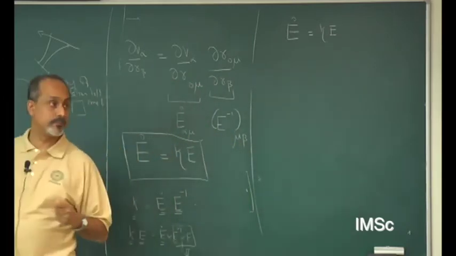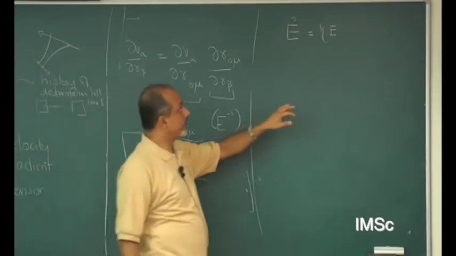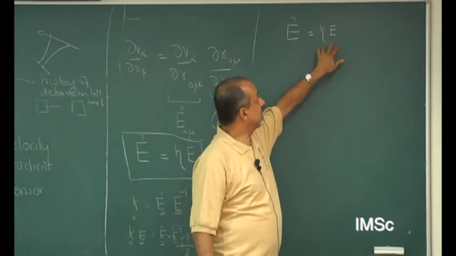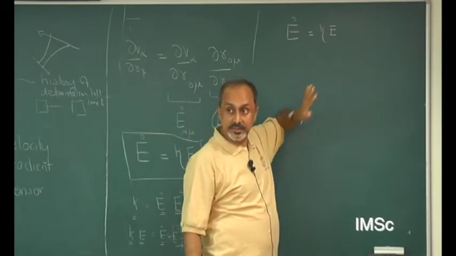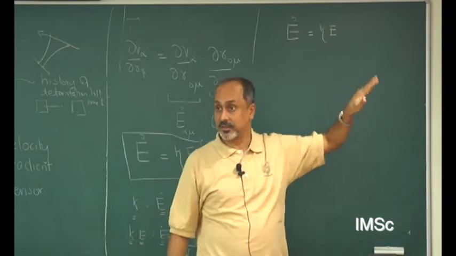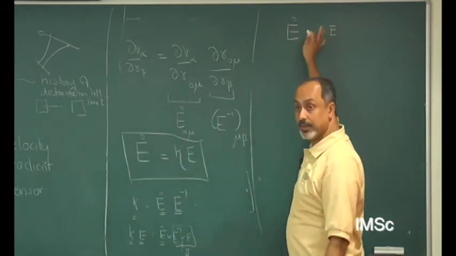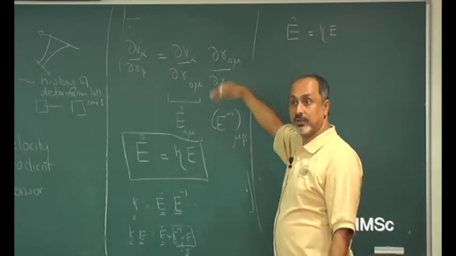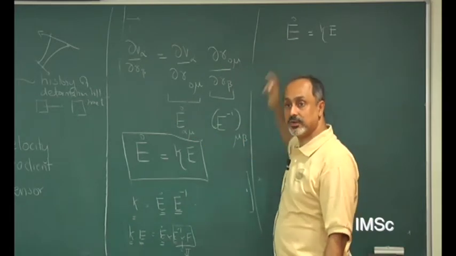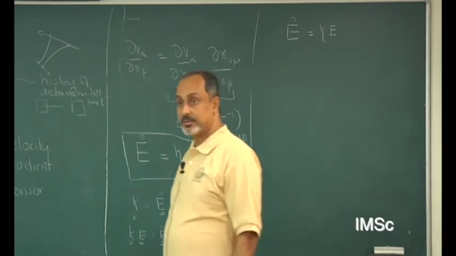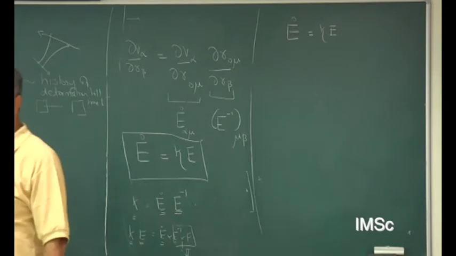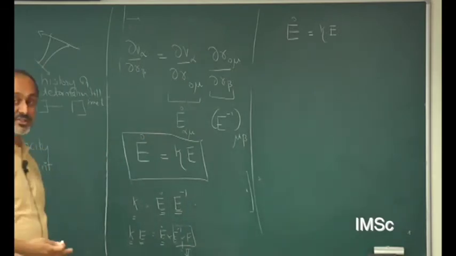So given kappa and E, I can tell you exactly what is the sequence that this is going to be deformed by. Because then I know what E dot is, I can tell you what E is at a later time. So I can always take these quantities and figure out the whole history of the deformation.